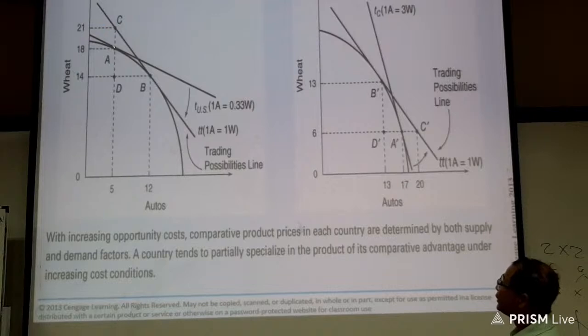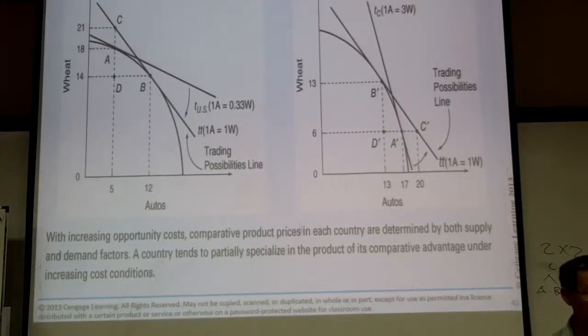Look at this, outside. Consumption, what you could not consume before, now you can consume. That's the beauty of the other theory. That's why I insist it's the same. So, look at now. United States can consume 5 autos by specializing and exporting. This is production specialization.